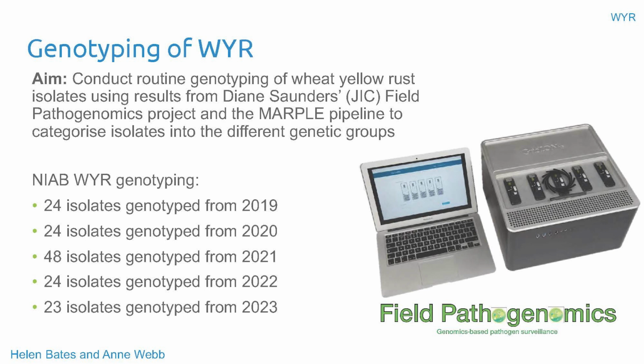We've been doing this for 5 years now, and you may be thinking why we're only genotyping 24, and that's just because the way the test is set out, we can do multiples of 24, and it's quite an expensive process. One year we did manage to genotype 48 isolates, but we usually just stick to 24. In 2023, we did try genotyping 24 isolates, but one failed, so I've only got the results for 23 of them.